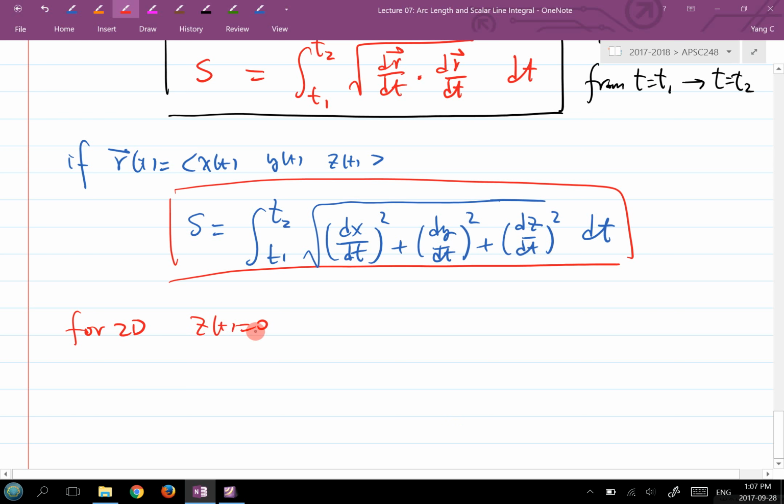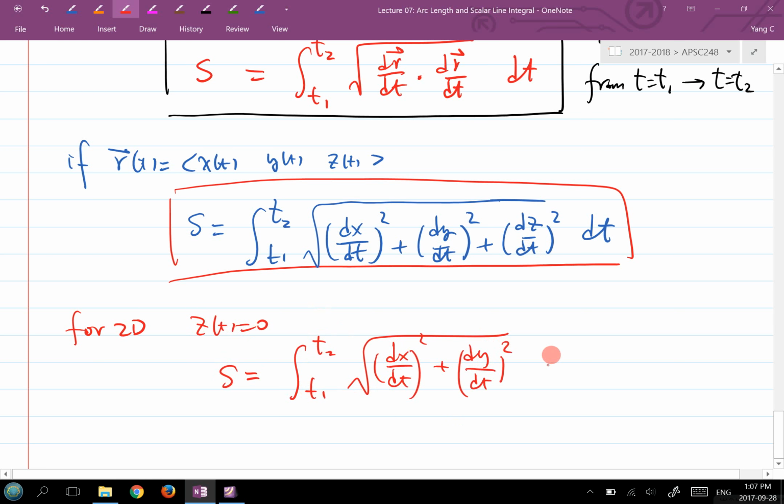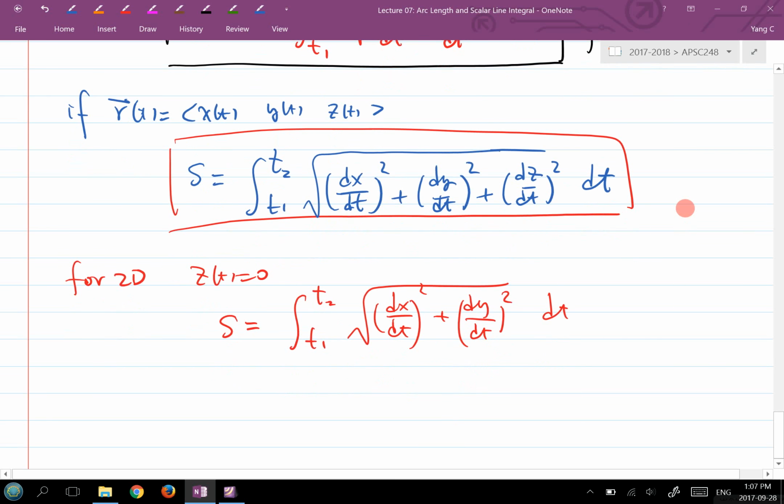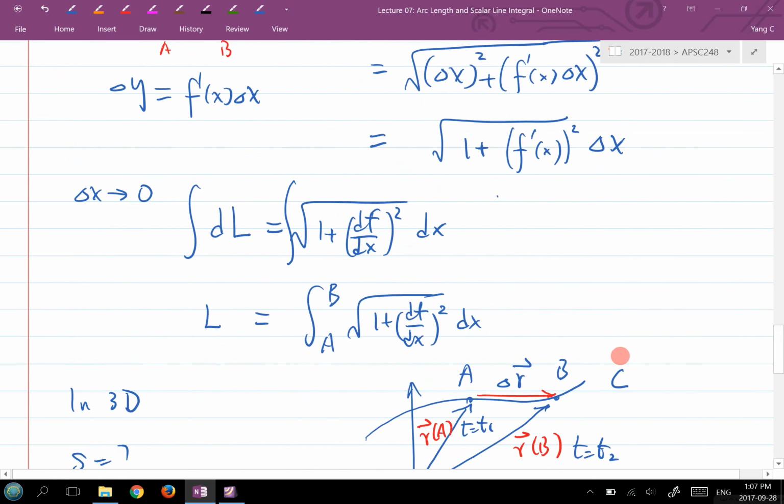Then this formula becomes the integral from t1 to t2 of the root of dx over dt squared plus dy over dt squared, times dt. Does that make sense? This one is supposed to be the same as the formula we just derived for the 2D case.